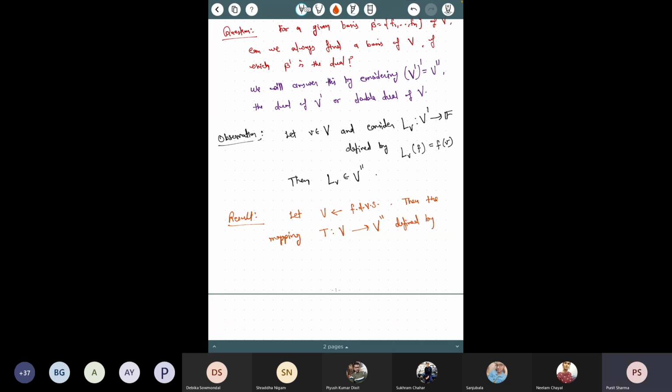You take any vector V here and send it to L subscript V, where L subscript V is defined in this observation here. Now you know that for every vector V, this L_V is an element of V double dash. So this is a well-defined thing. Not only that, you can show that it is an isomorphism. So then the mapping T is an isomorphism.